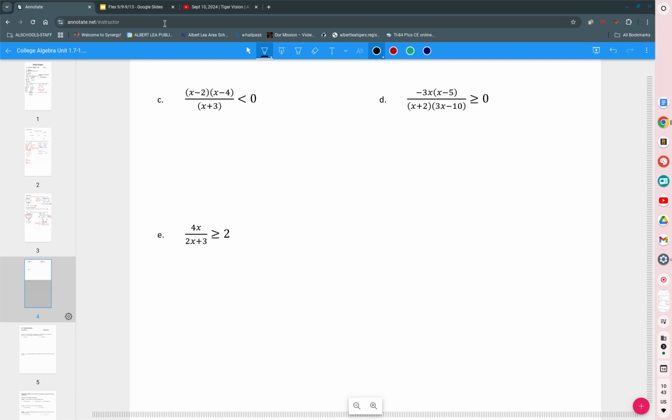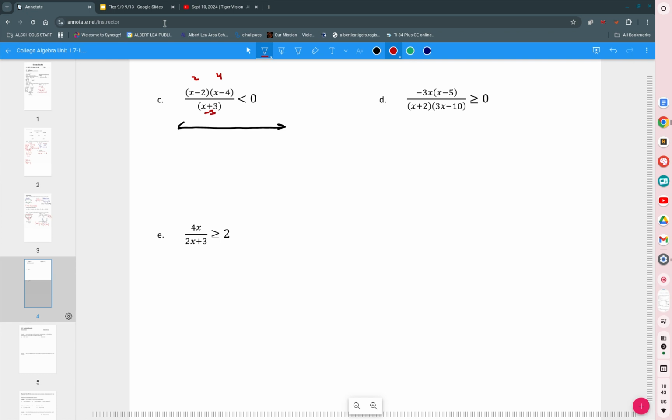I don't know what that graph looks like, so now the graph is not an option. We have to make the table or the number line. I'll show you the table in a second. Anybody want to guess what numbers we put on the number line? 2, 4, -3. Yep, 2, 4, and -3.